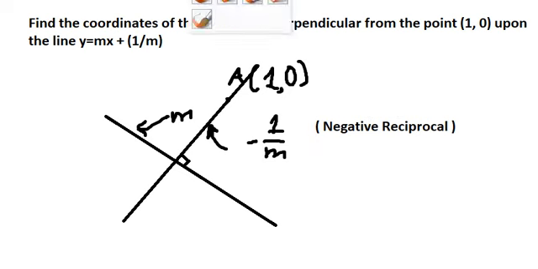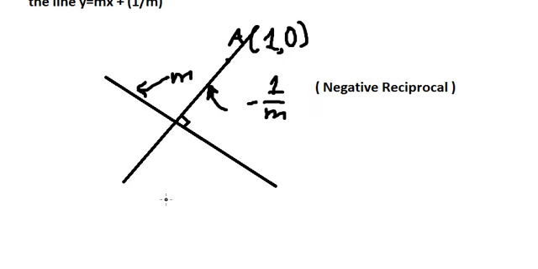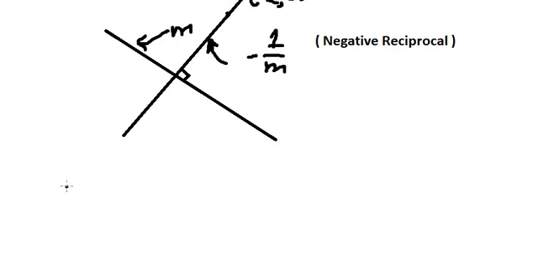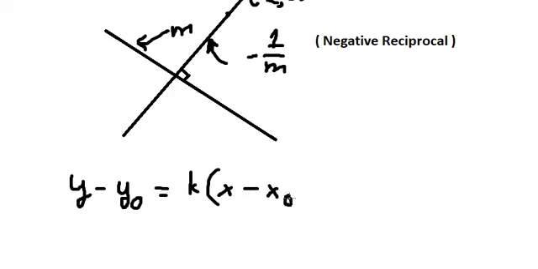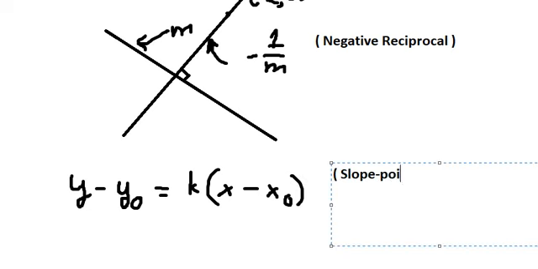So after we have this, we have the formula. We can use y minus y0 equals k multiplied by x minus x0. This is the slope and point form.